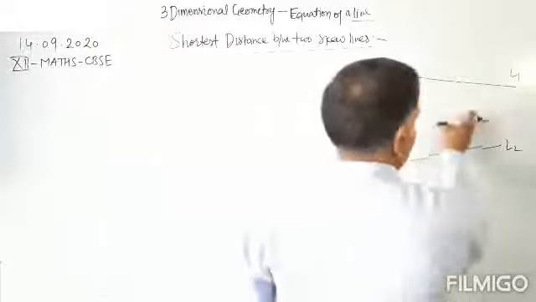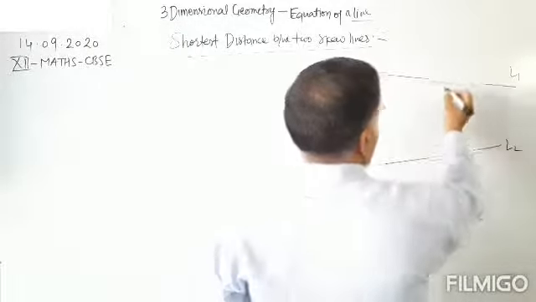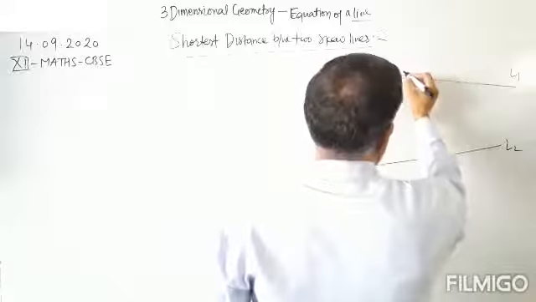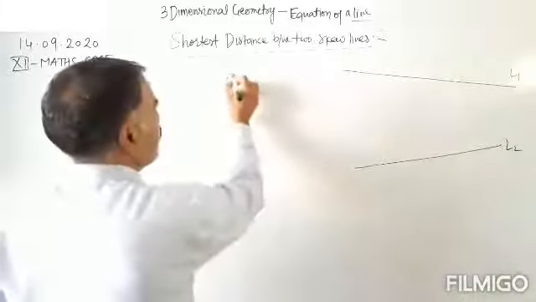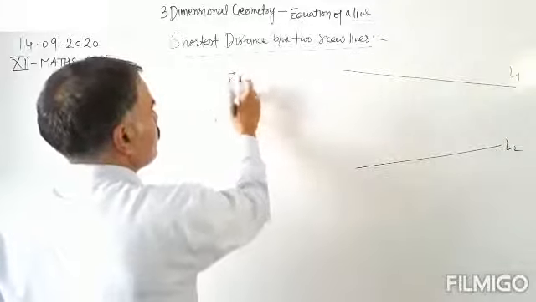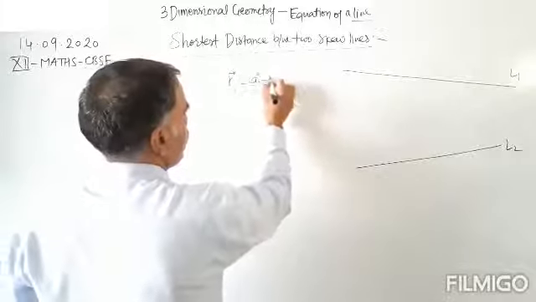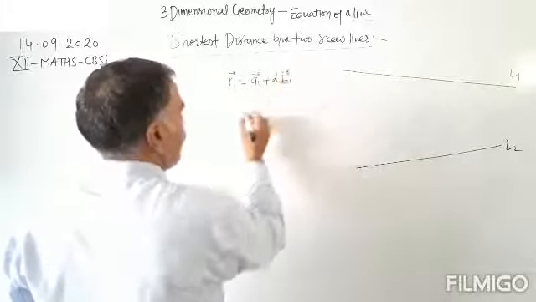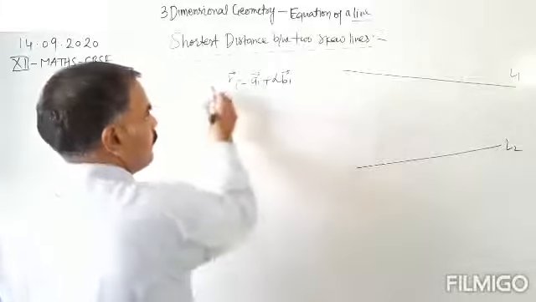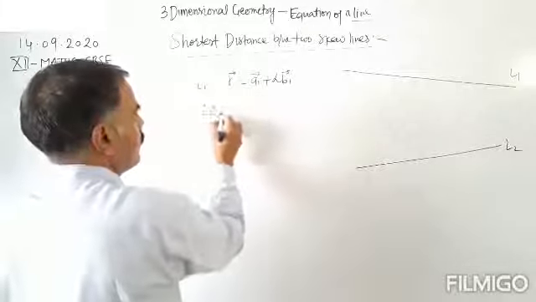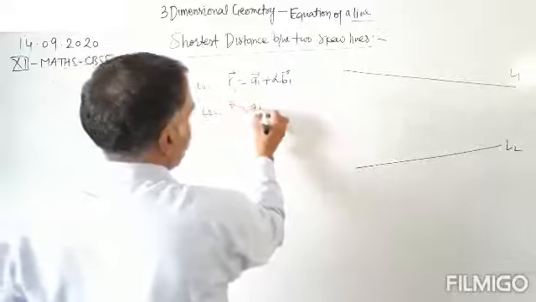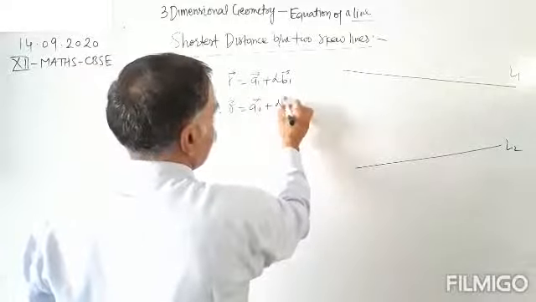They are not perpendicular either. The equation of the first line L1 is r vector equals a1 vector plus lambda b1 vector, and the equation of the second line L2 is r vector equals a2 vector plus lambda b2 vector.